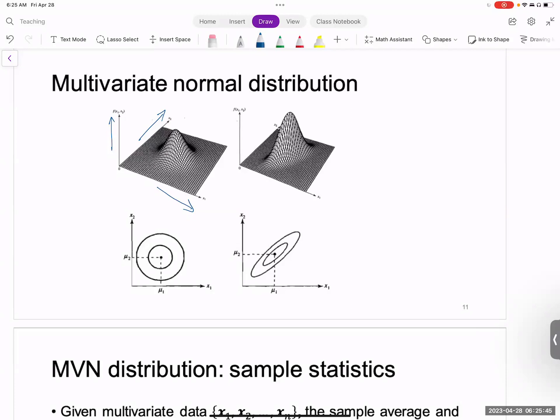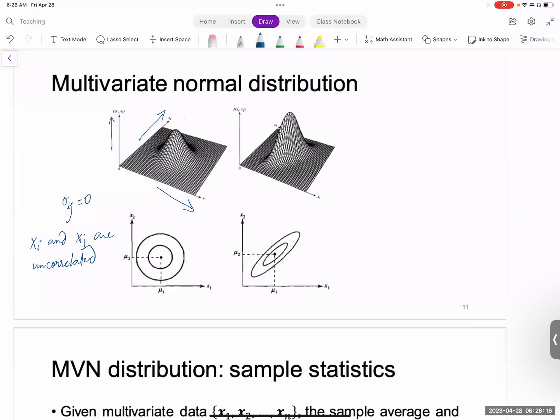Now, what I want you to see here is that there is a difference between the first one and the second one. The first one looks very symmetric, and if you take a projection of that, it looks like a circle, right? When it looks like a circle, sigma ij is 0, which means xi and xj are uncorrelated, which we just saw.